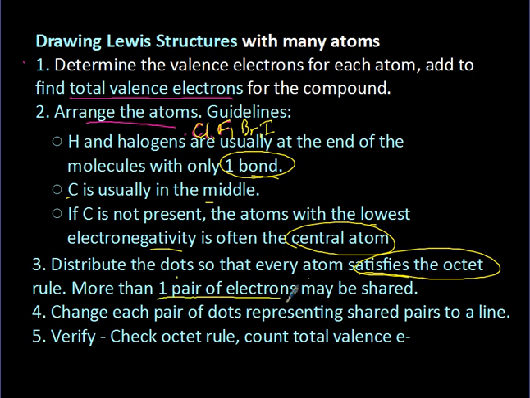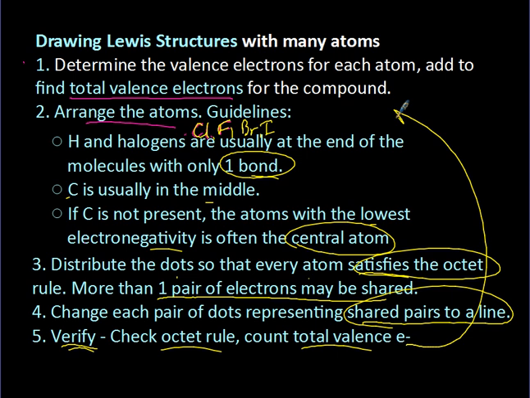If I need more than one pair shared, I may have to do that. If I have any shared pairs, I'm going to change them to a line. And then when you're done, do a double check. Check the octet rule. Count the total valence electrons. Does it match? That's the question you have to ask yourself. If it doesn't match, then you didn't do it right.